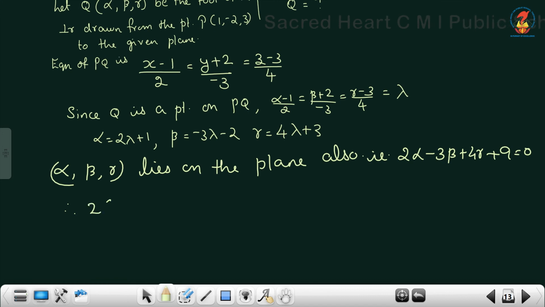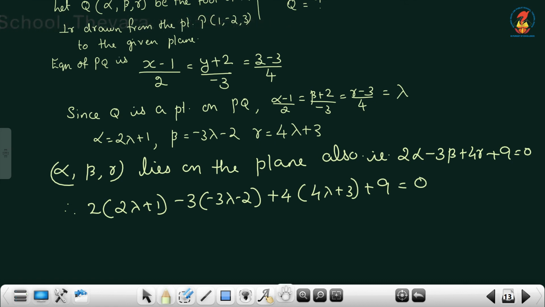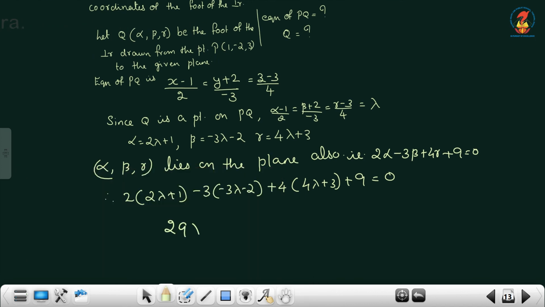Therefore, 2 into (2 lambda plus 1) minus 3 into (minus 3 lambda minus 2) plus 4 into (4 lambda plus 3) plus 9 is equal to 0. Now simplify. 4 lambda plus 9 lambda plus 16 lambda is 29 lambda, then 2 plus 6 plus 12 plus 9 is 29. Okay. Therefore, lambda is equal to minus 1.